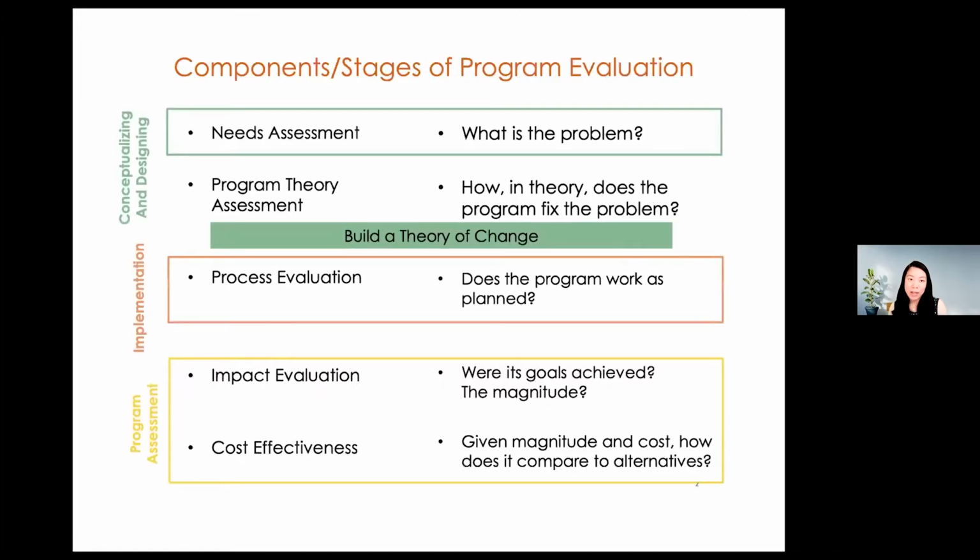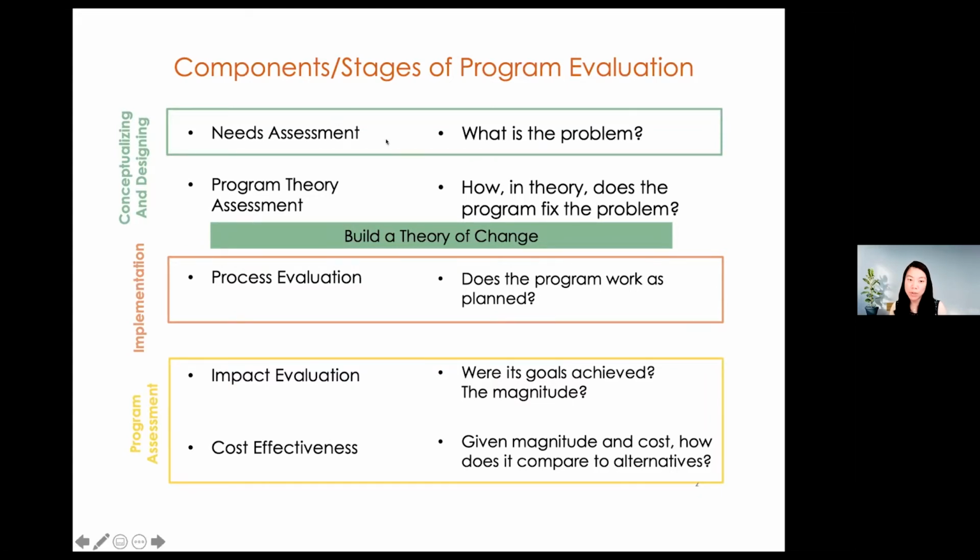So here is basically a flow chart of the different stages of program evaluation. So first, you wanted to target a problem, either it's trying to improve the vaccine rate, or you wanted to improve the students' test scores.